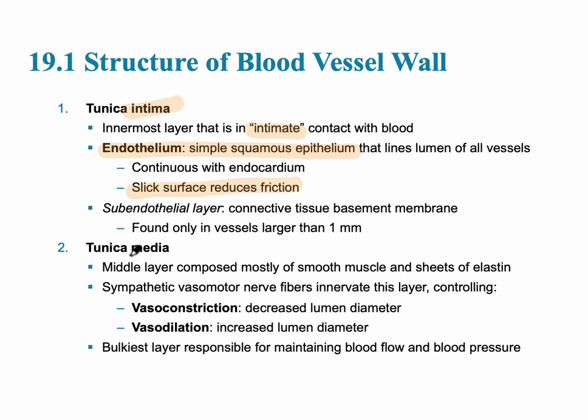The next one is the middle one called the tunica media, and it has an abundance of smooth muscle, and this smooth muscle is going to allow for vasoconstriction and vasodilation. Vasoconstriction is important to increase the blood pressure, and vasodilation is important to lower the blood pressure. So it's responsible for maintaining blood flow as well as blood pressure.